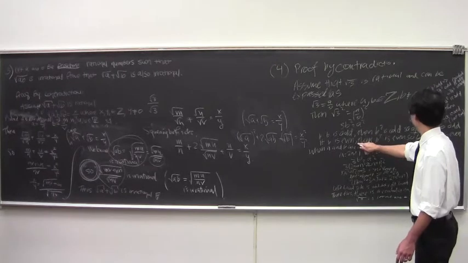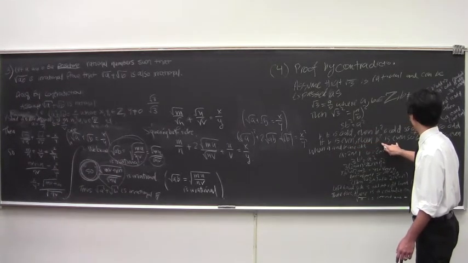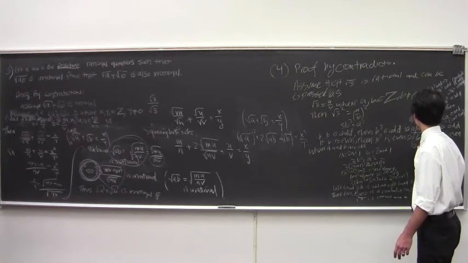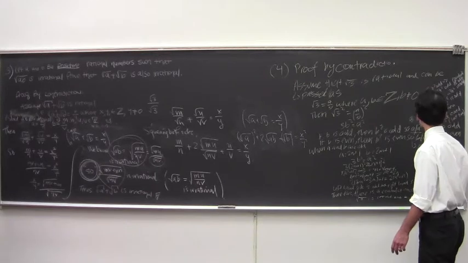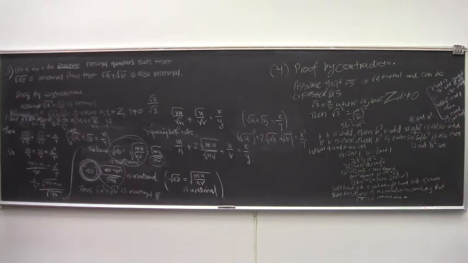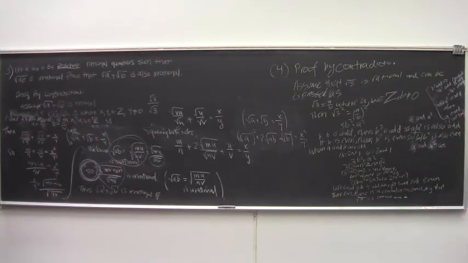Okay, so similarly, if b is even, then b squared is even. So a and a squared are also even.